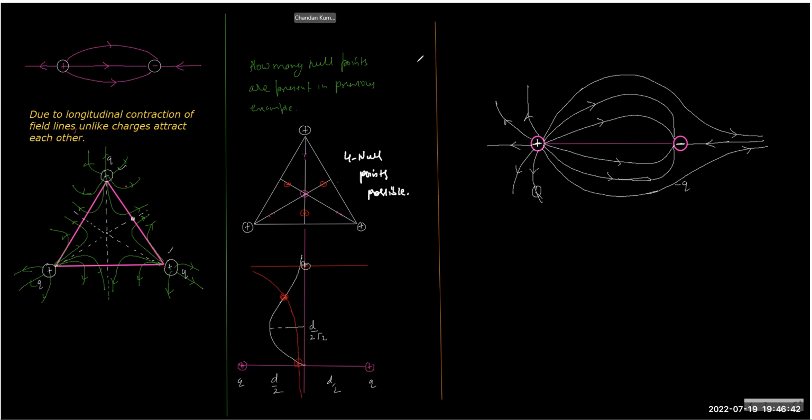And now you can count the lines of force leaving the plus and ending at minus. Can you count? Am I audible, guys? Yes, sir. So how many lines of force are leaving the plus charge?